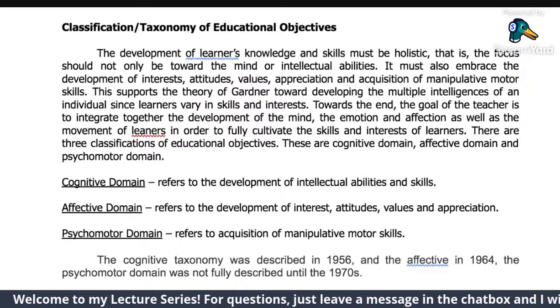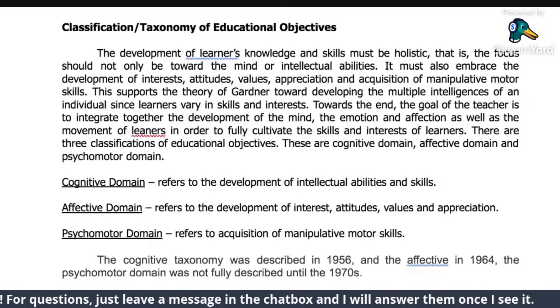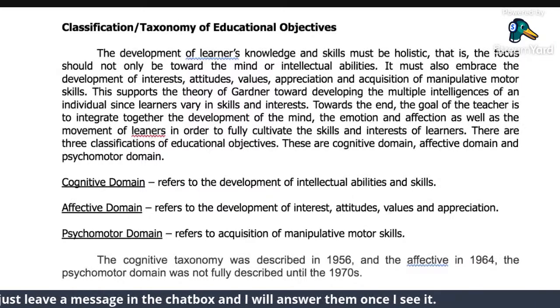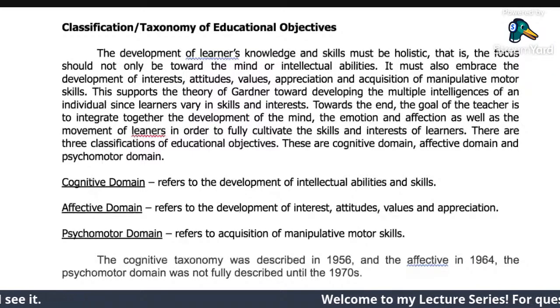They are not transforming. They are not learning. They are not responding to your efforts in developing their values and attitudes. So minsan nakaka-frustrate yon. You'll know how it feels when you become a teacher.